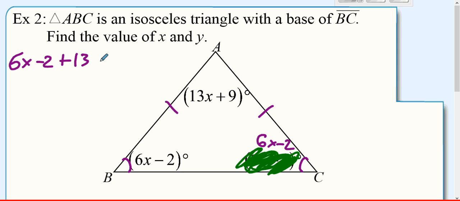That's all 3 angles, and every triangle, whether it's isosceles or not, the 3 angles add to 180. Now we can at least figure out what x is, and then we'll worry about y after that.